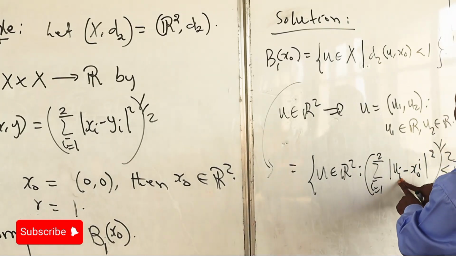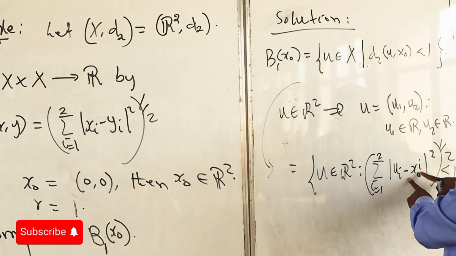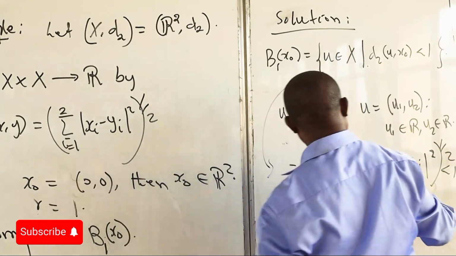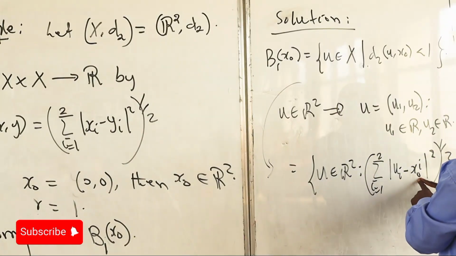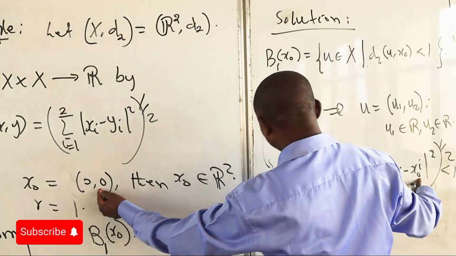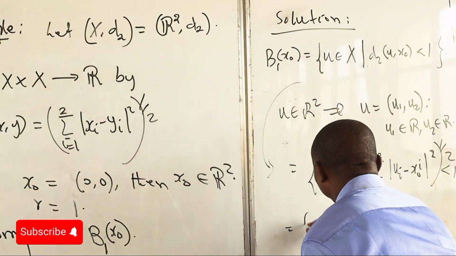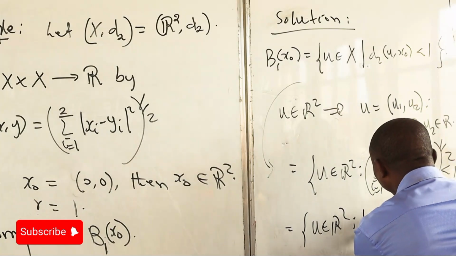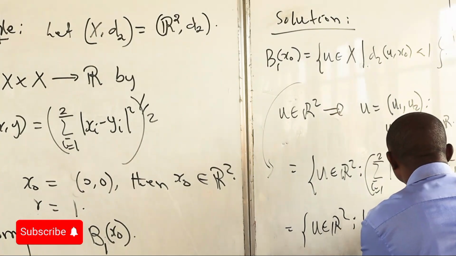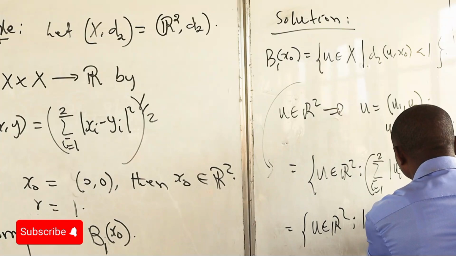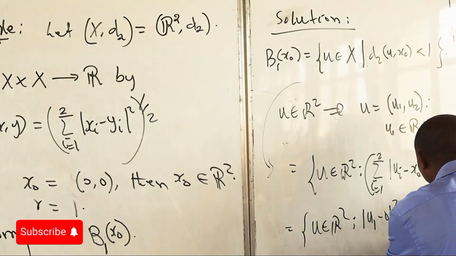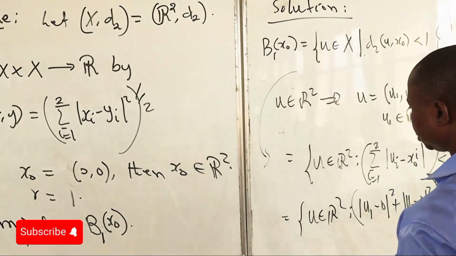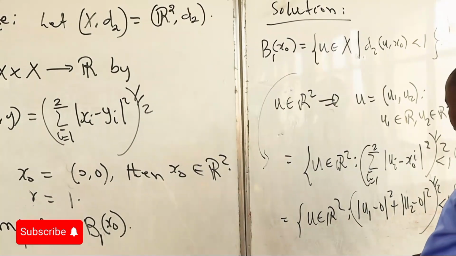When i is 1, I have u1 minus x naught 1, but my x naught 1 is 0. When i is 2, I have u2 minus x naught 2, and x naught 2 is also 0. So this is nothing but all u in R2 such that absolute value of u1 minus 0 squared plus absolute value of u2 minus 0 squared, all raised to the power 1 over 2, is strictly less than 1. This is what we have.